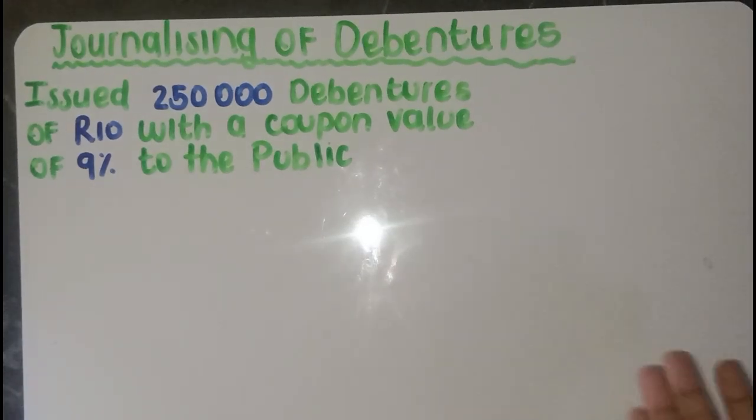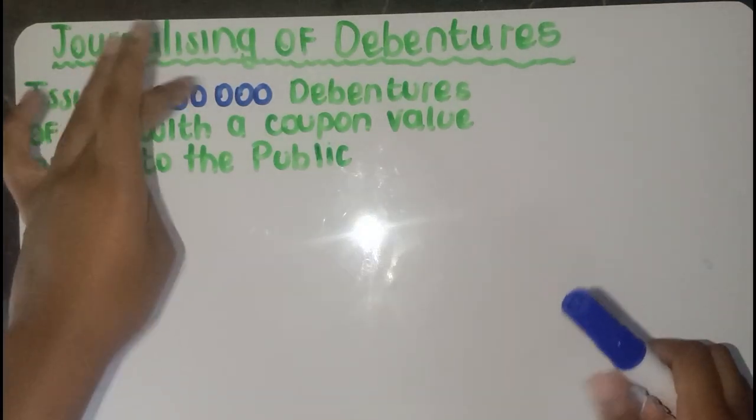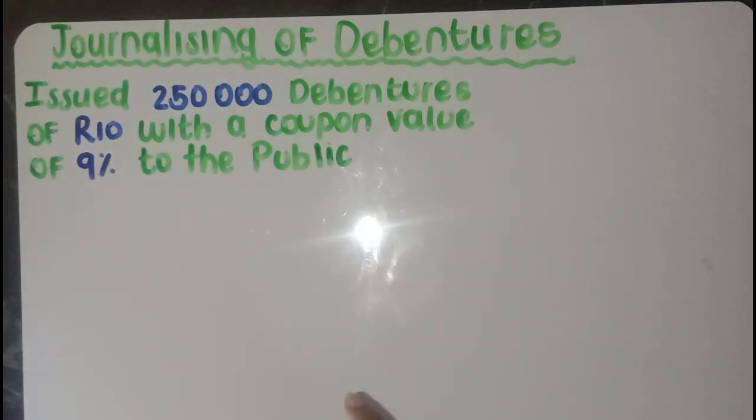So debentures are sort of a loan that you take from the public in order to finance your company and so on. So they would say that you generalize the debenture. They'd say they issued 250 debentures at 10 rand with a coupon value of 9% to the public, right?